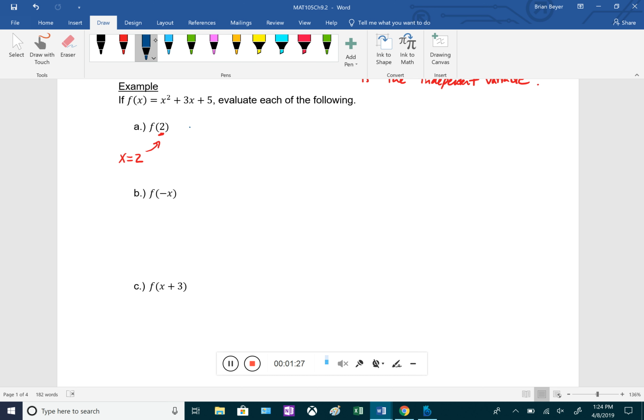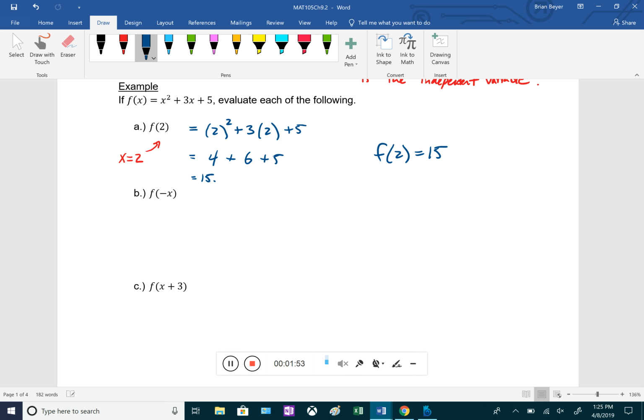So it's relatively simple. All we have to do here is plug this in. So instead of the x's, we have 2. It's going to be 2 squared plus 3 times 2 plus 5. That's going to give us 4 plus 6 plus 5, which is going to give us 15. So this means that f of 2 equals 15.